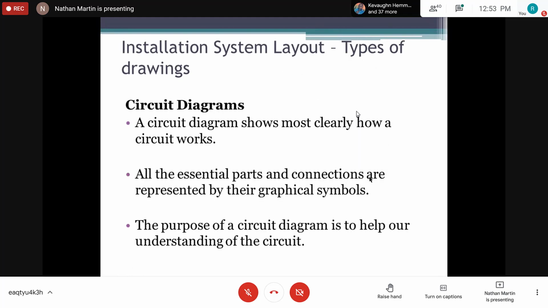Now your circuit diagram is what is basically used, and this is what we are familiar with, and it shows you how your circuit actually works. To explain the operation of a circuit, we normally use a circuit diagram. All essential parts are shown and connections are represented by their graphical symbols, right? And the purpose of this circuit diagram is to help our understanding of the function of the circuit.